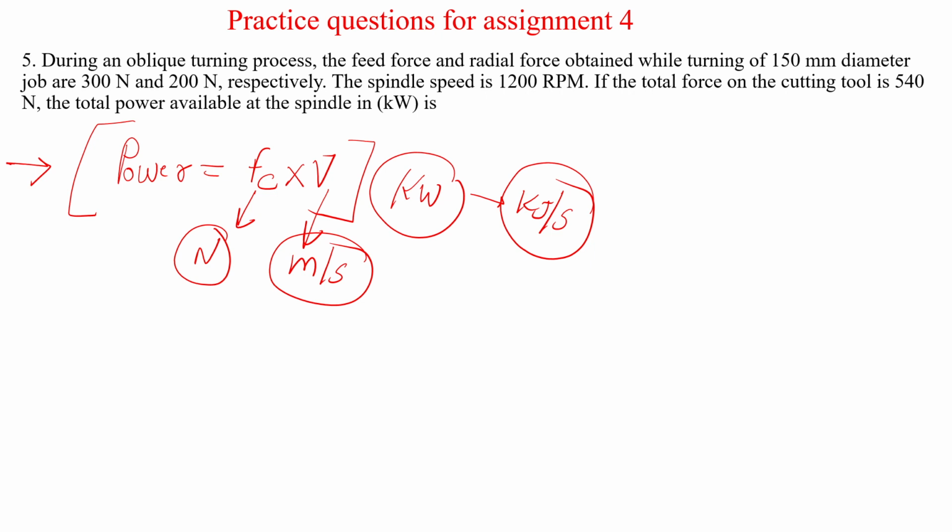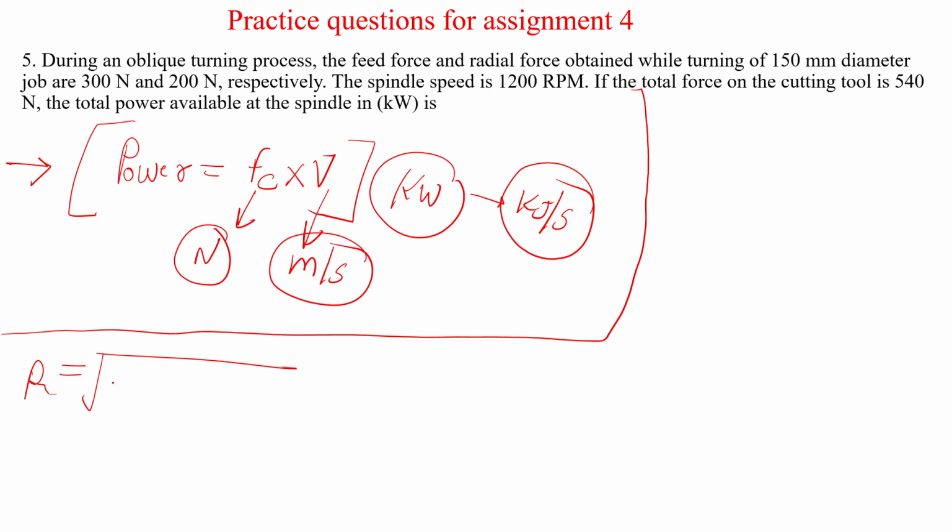Now, first we will find this. Now, we'll find the value of first Fc. We know R equal to under root Ff square plus Fr square plus Fc square. We know this, right? R value is how much given? 540.